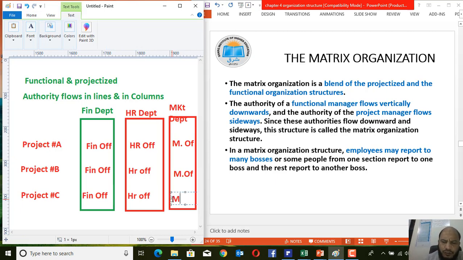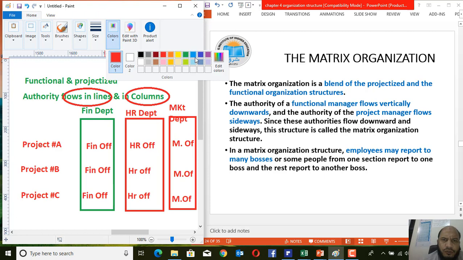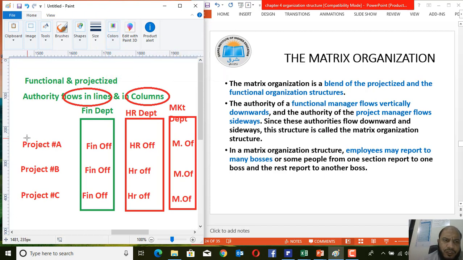Now dear students, keep in mind that the discussion here is about authority in lines and columns, meaning the flow of authority is in line and also in columns. Now I will show you how the flow of communication is in lines and in columns. See, this is project A, and it has an employee titled finance officer.